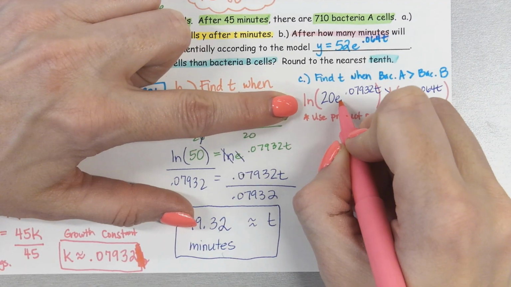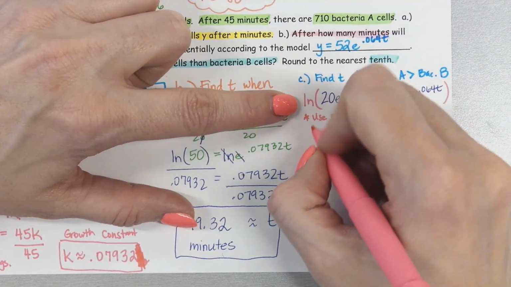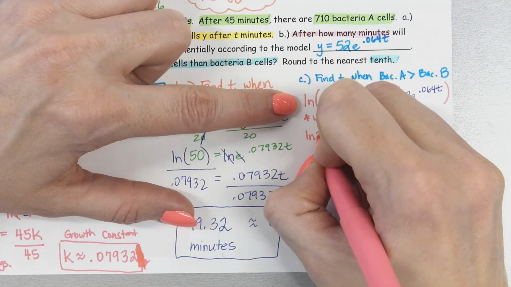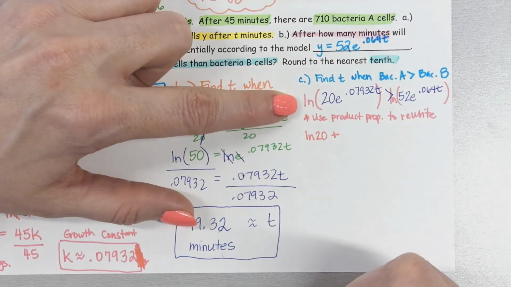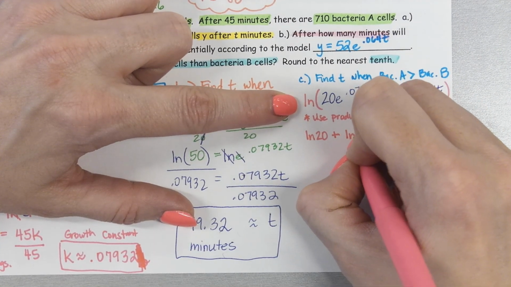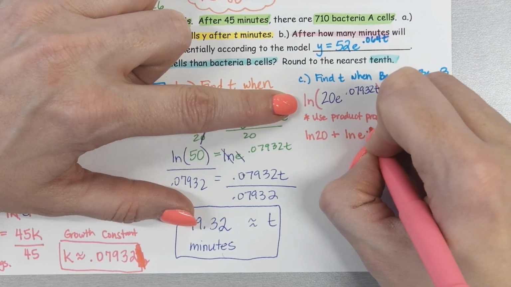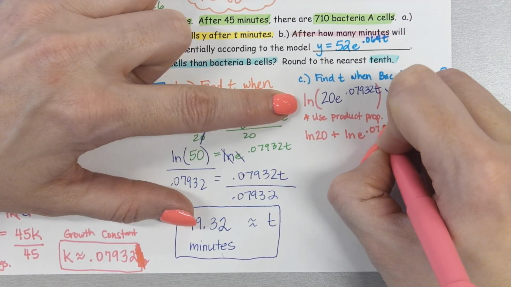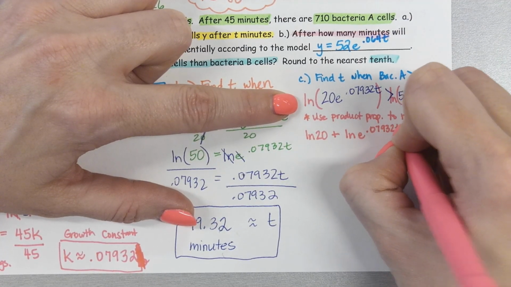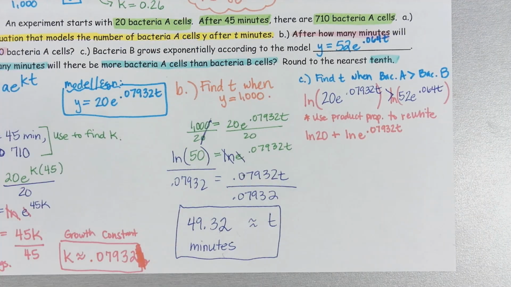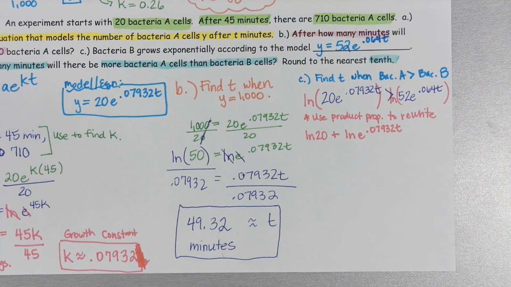So 20 times this value of e to that power, we can rewrite as the natural log of 20 plus the natural log of e to the power of 0.07932t.